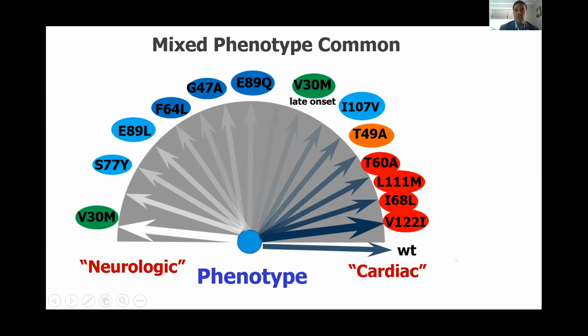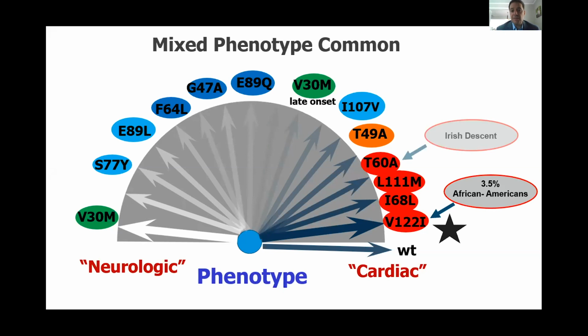The most common in the United States is V122I, or valine 122 isoleucine, in which at the 122nd position of the 127 amino acid monomer, there's an isoleucine instead of a valine. The second most common is Ala60, where alanine is replacing threonine at the 60 position, which originates from Irish descent and often has a mixed phenotype, but there are often significant cardiac manifestations.